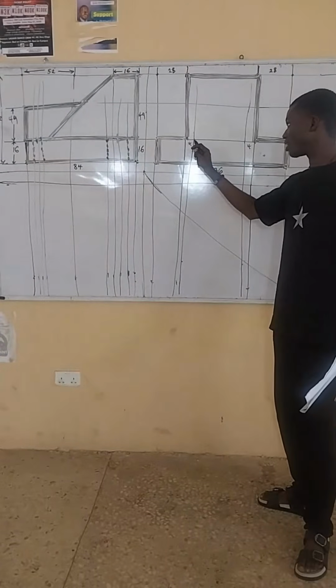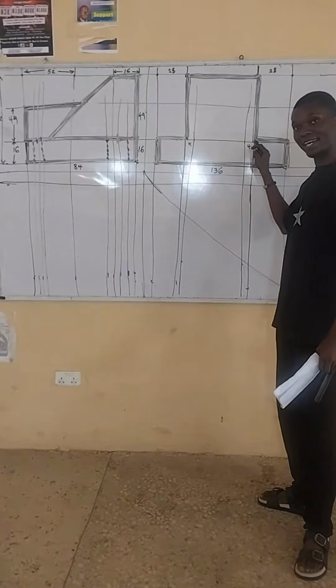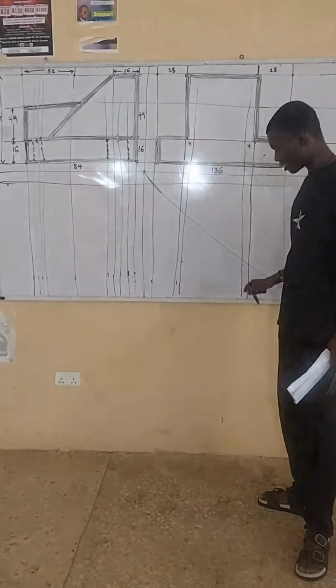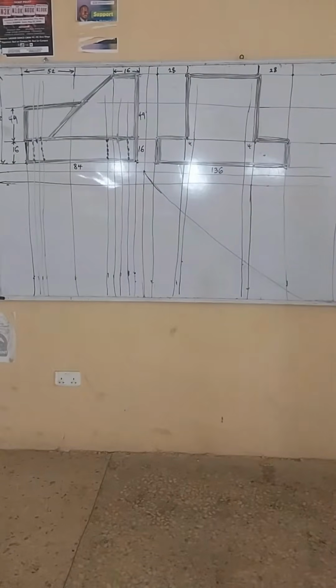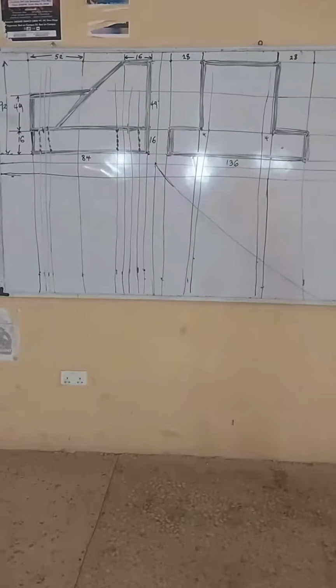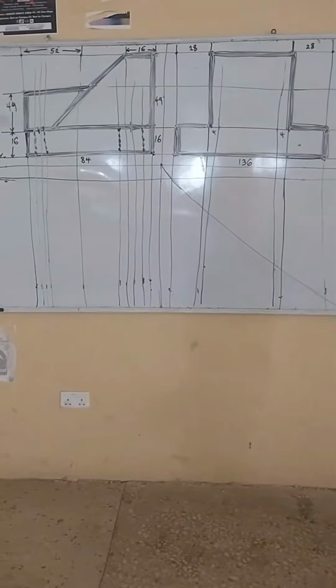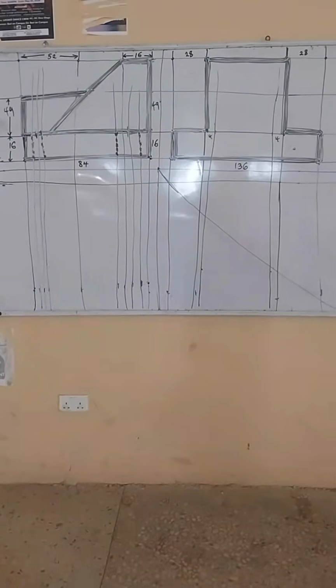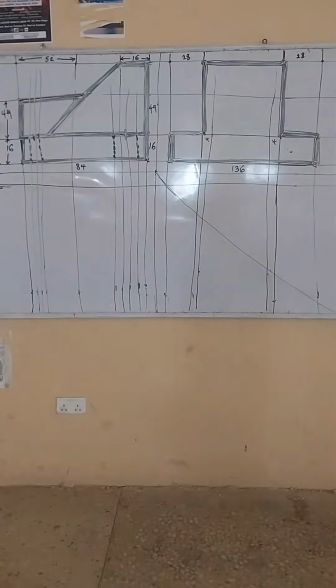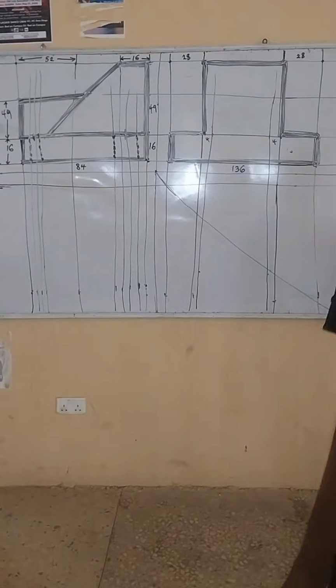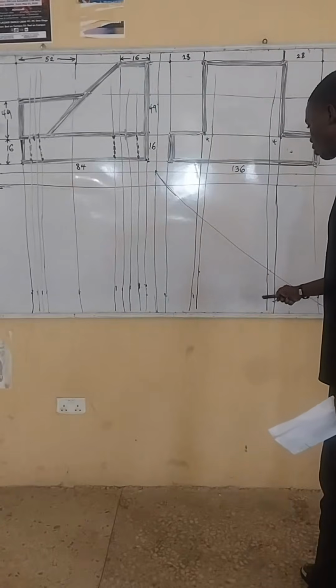Say from here to here, 0.4. From this edge here, 0.4. Do the same thing downwards. Then you extend. 0.4, 0.4, 0.4, 0.4.